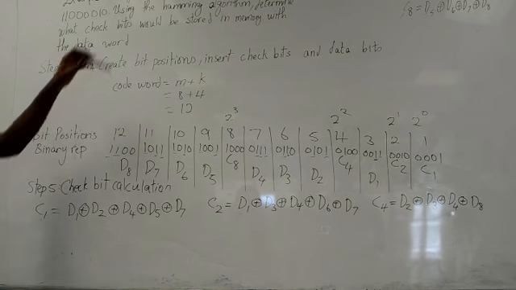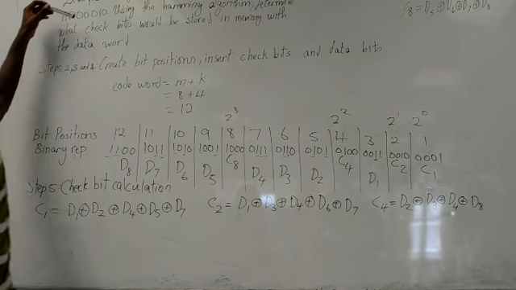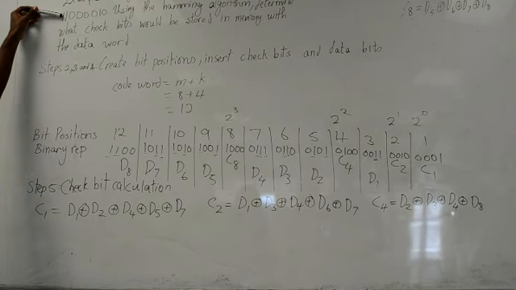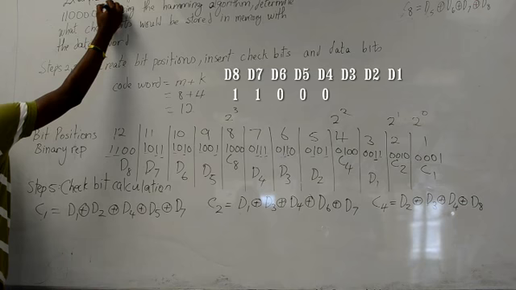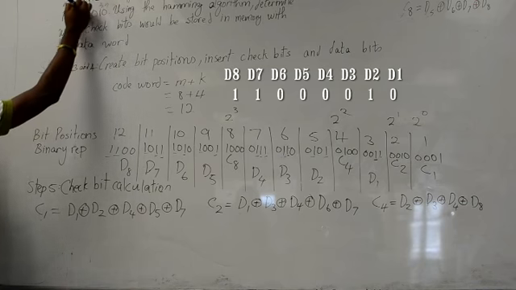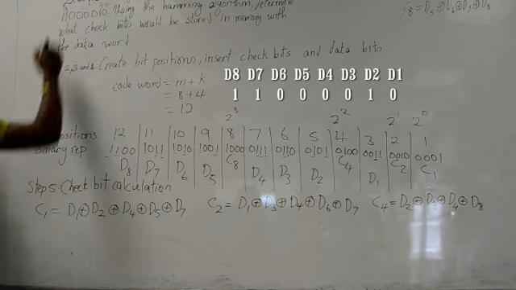Now to actually calculate the check bits for this one, we know that this is data bit 1, 2, and so on, right up to data bit 8.